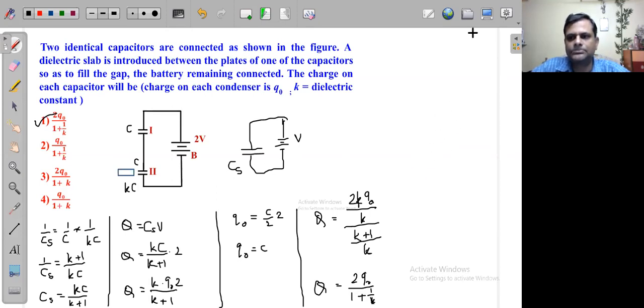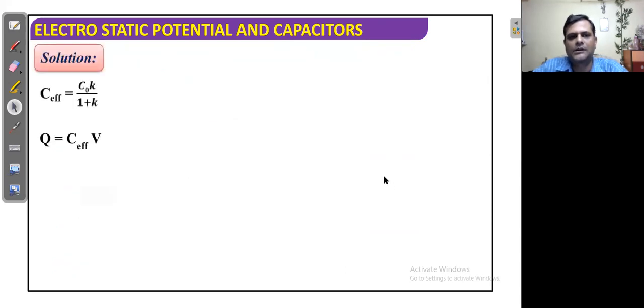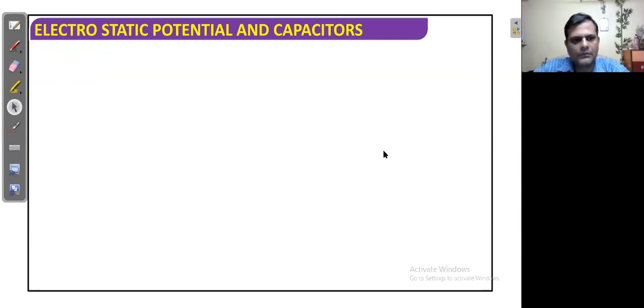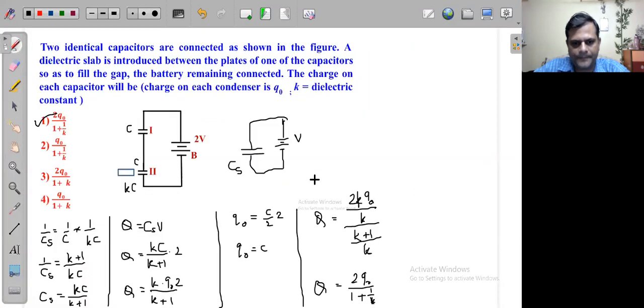Just see, let's check. Q naught actually C by 2 into 2. 2 cancel, okay, C बचेगा. So Q naught was C actually.